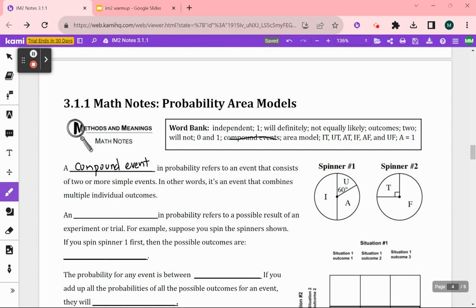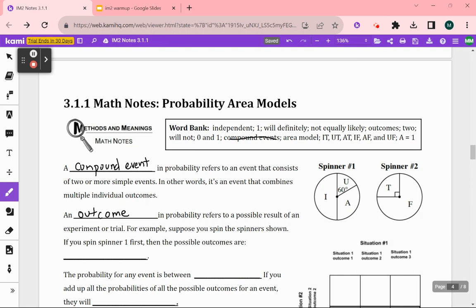In other words, it is an event that combines multiple individual outcomes. An outcome in probability refers to a possible result of an experiment or trial.